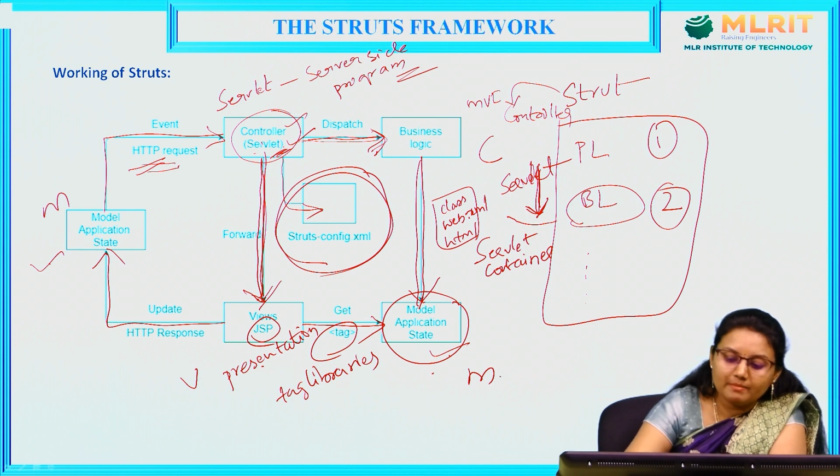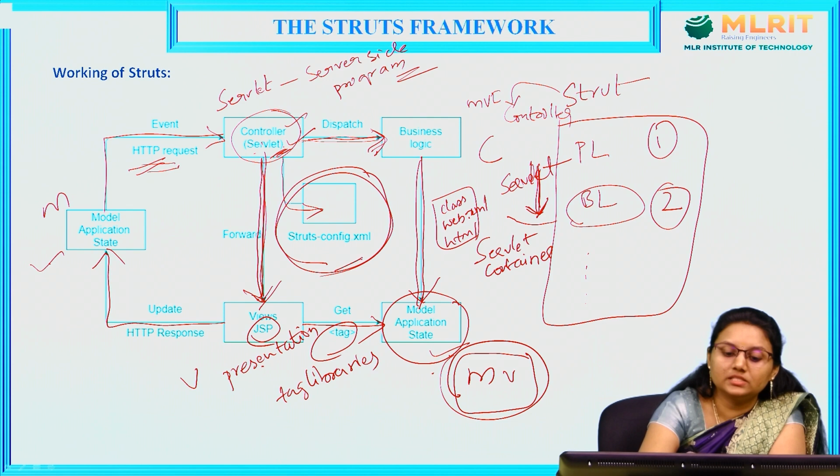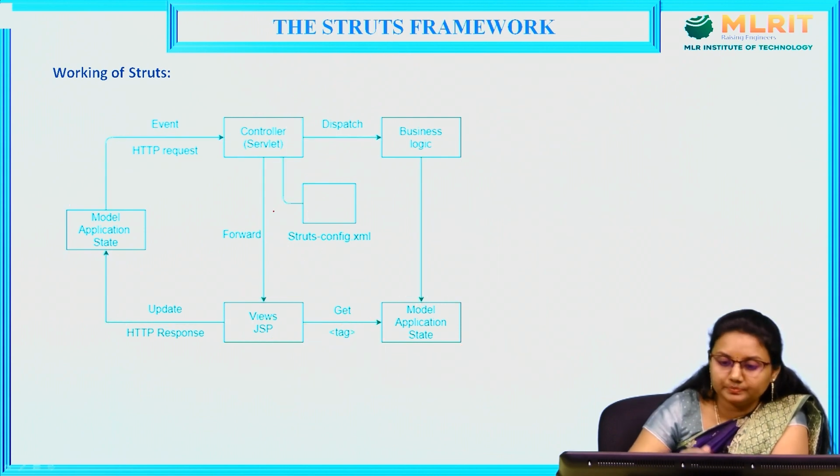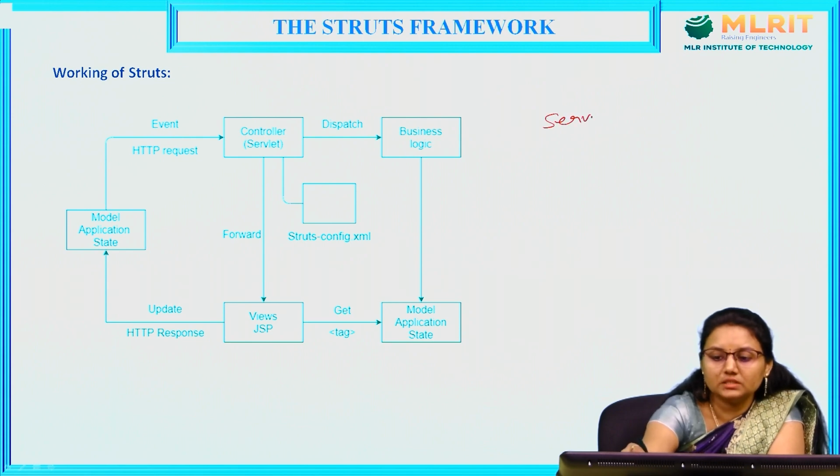Wherever this M and V should get bound, to bind all this HTML, this configuration XML file will support. So that is also something the controller takes care of. What happens is, if you are using a servlet, you will have a web apps folder.